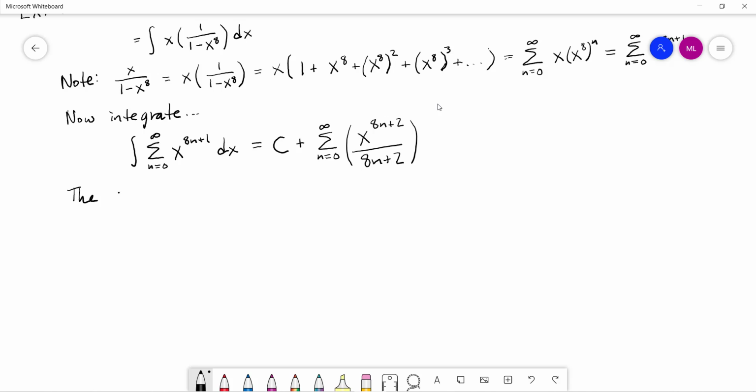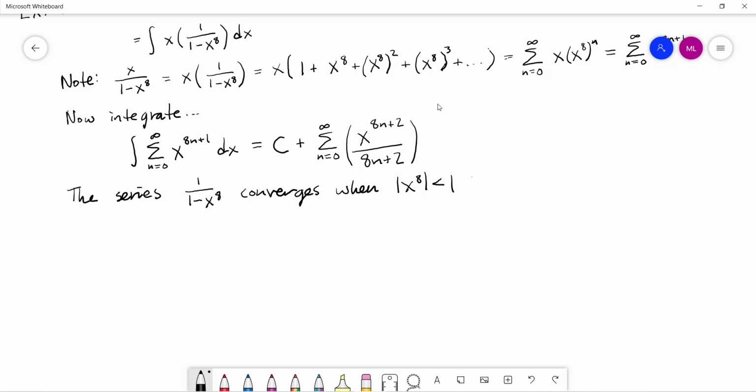This series, 1 over 1 minus x to the 8th, converges basically whenever the absolute value of x to the 8th is less than 1. All we did was swap in x to the 8th for what we used to call x. So we just swap it right in.